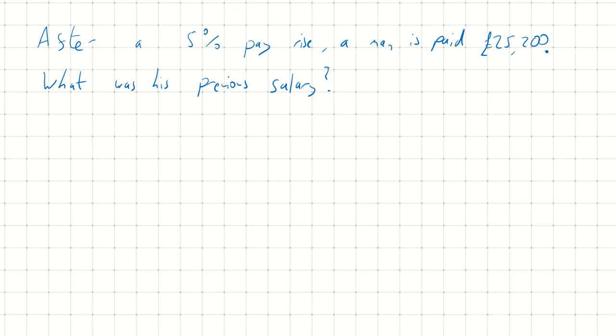Well, after a 5% pay rise, that means if he started with 100%, a 5% pay rise gets him to 105%. So 105% is 25,200. And again, we want to work out what 100% is, the original value. One way to do it would be step by step. First, we work out what 1% is by dividing by 105.